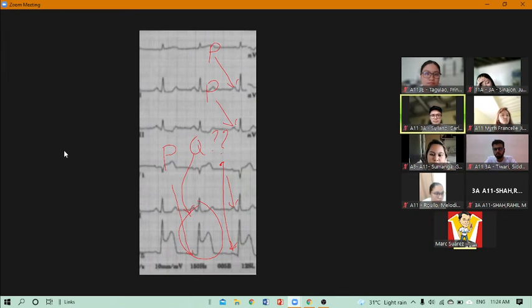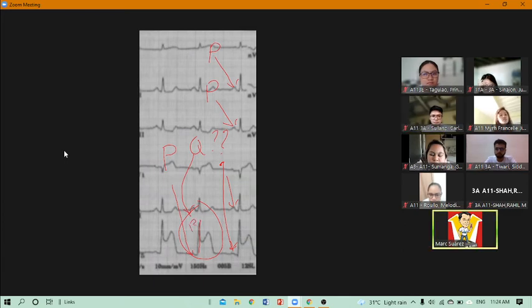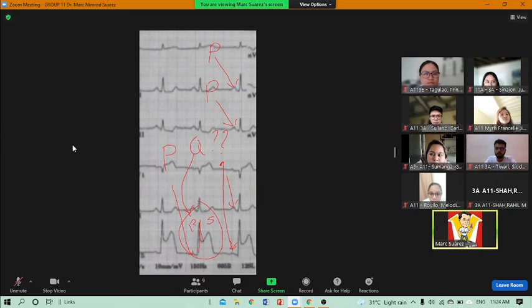Is the R wave present in the QRS complex? Yes, Doc. Is the S wave present in the QRS complex? Yes, Doc. Is the T wave present?